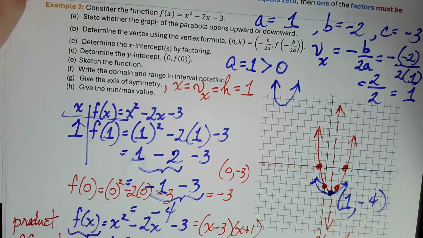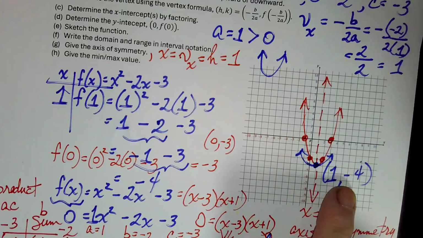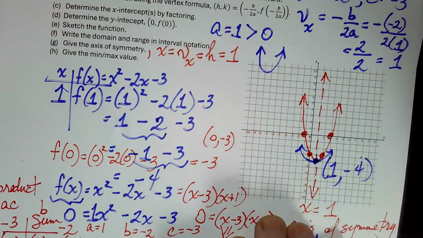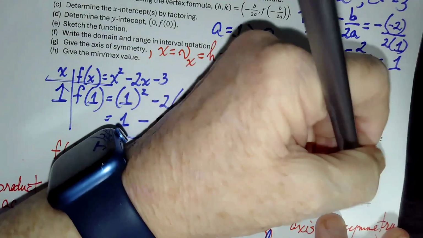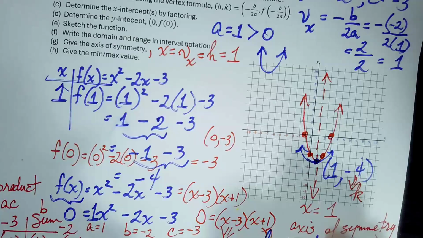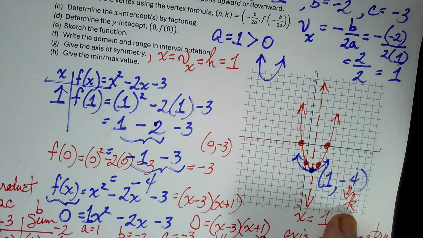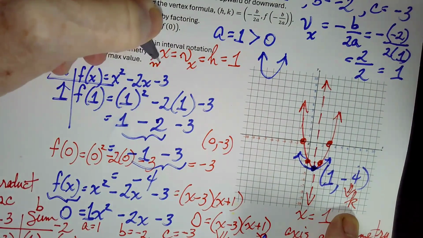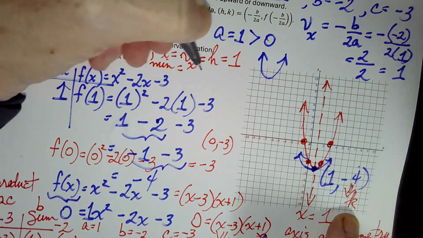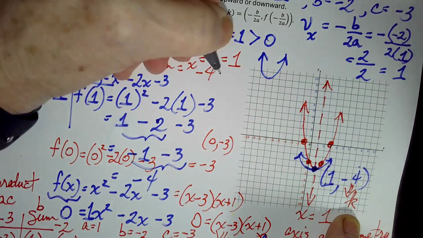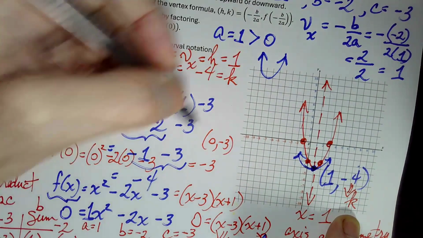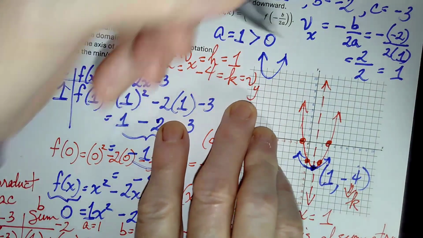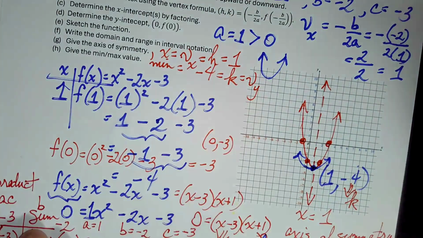The min or the max, well, since a was positive and the parabola opened upward, then k, the y-coordinate of the vertex, will be a minimum. So our min is -4, and that's always k. And we could also write that as the y-coordinate of the vertex.